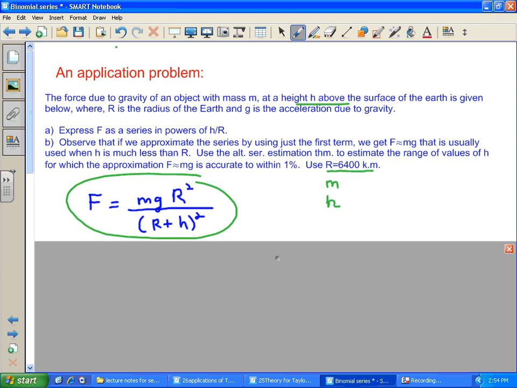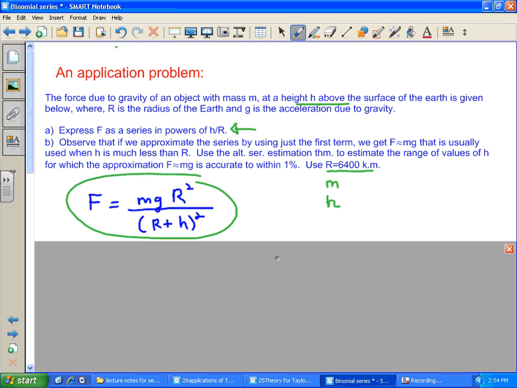First of all, they want us to express this in terms of a power series. And instead of using x as our major variable of the power series, they want us to use h over r. And if you think about it, h over r is going to be a very small number, because r is the radius of the Earth, h is the distance from the surface of the Earth for the object, and h is usually going to be a small value, r is a very large value, and the ratio is very small.